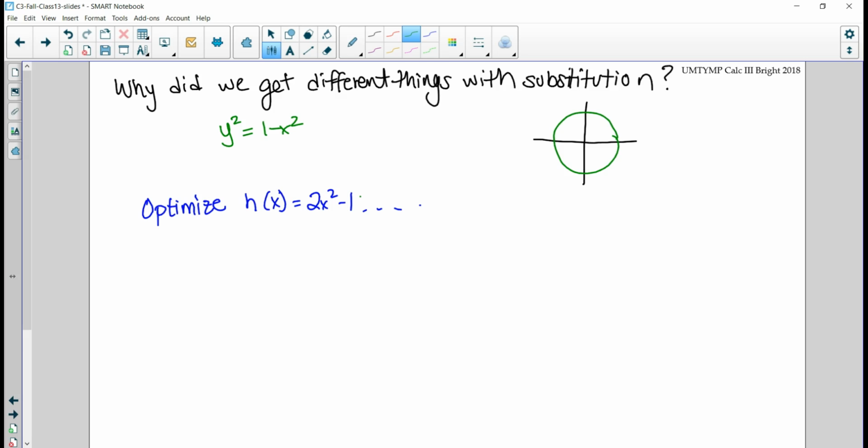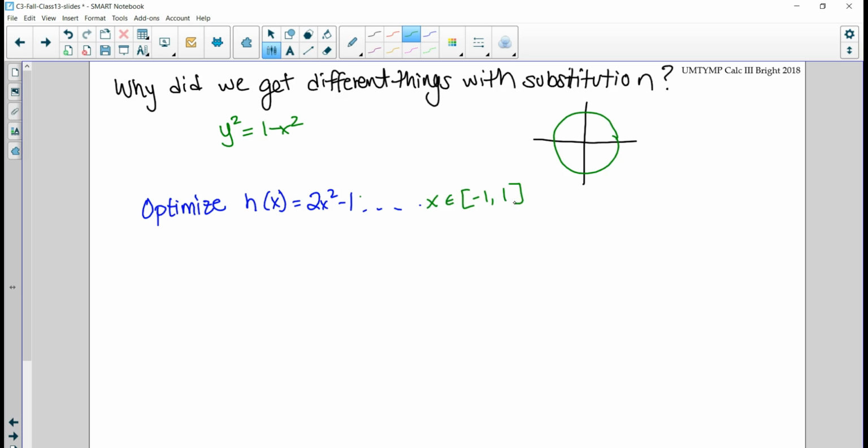When I think about optimizing this function, I need to remember one important thing: if I'm on the unit circle, x is restricted. x is between -1 and 1.